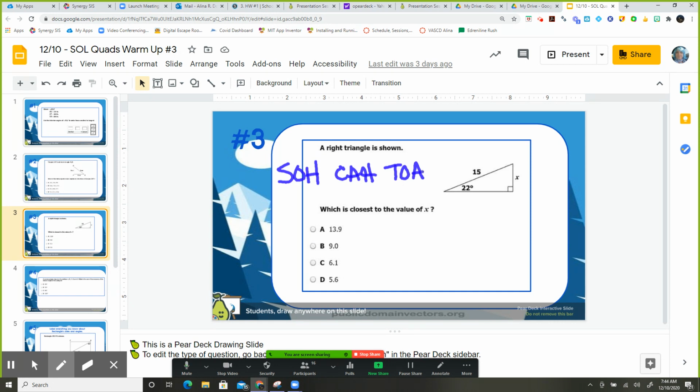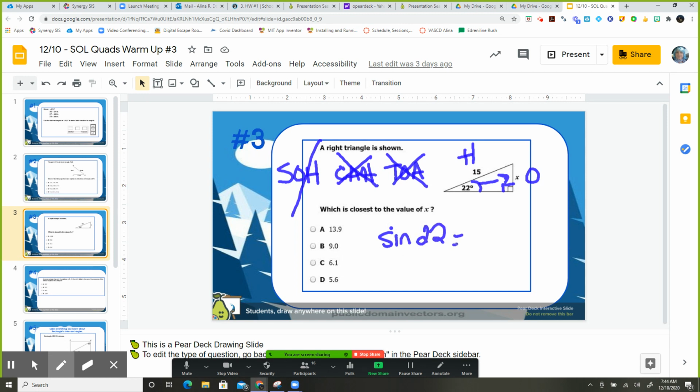What do I have to mark? Nice. So I can't do TOA because I have the hypotenuse. Beautiful, which means I can't use cosine because I have the opposite. So how do I organize the O and the H?